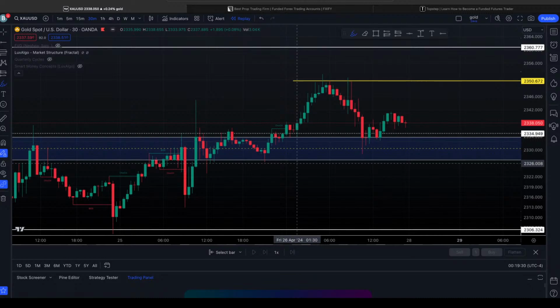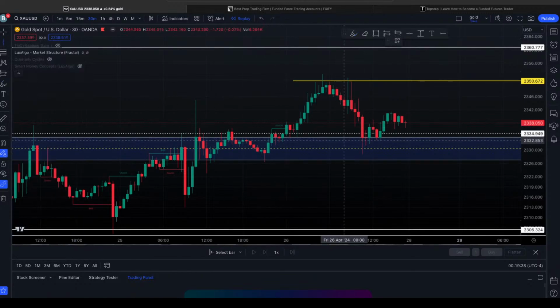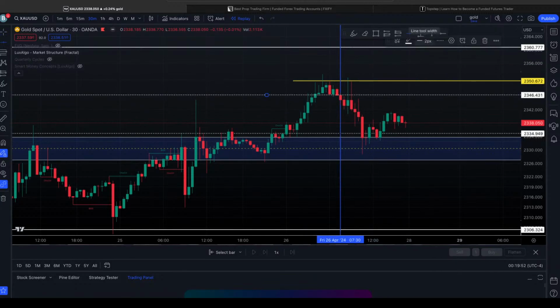For New York, it's 7:30 in the morning. So 7:30 is right here, or actually it's right here, this one. Yeah, the true open is that guy right there. I'm going to leave it white.